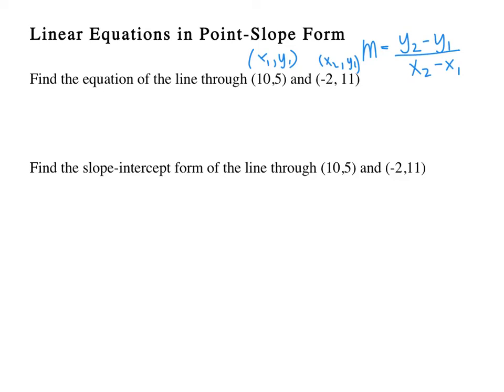Okay, so we have y2 minus y1. y2 is going to be 11 minus y1, which is 5, over x2 minus x1. x2 is negative 2 minus x1, which is 10.